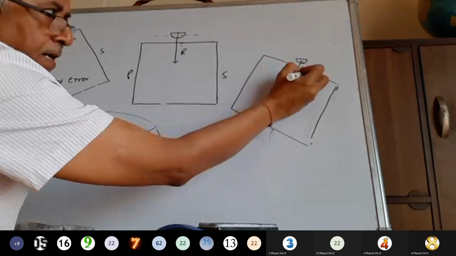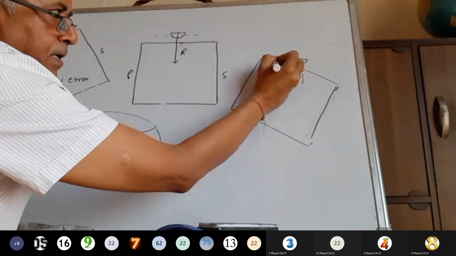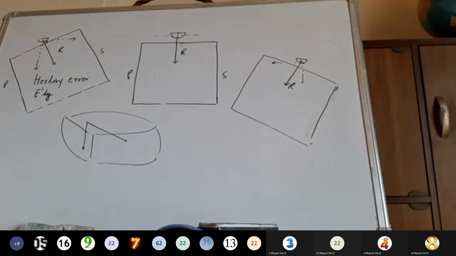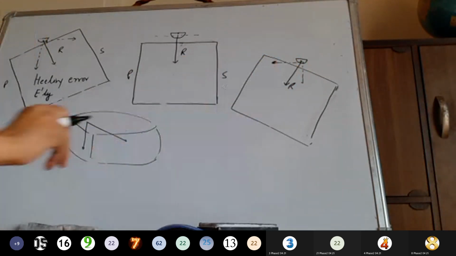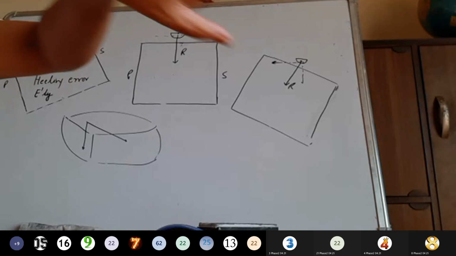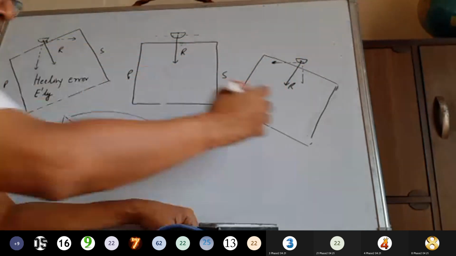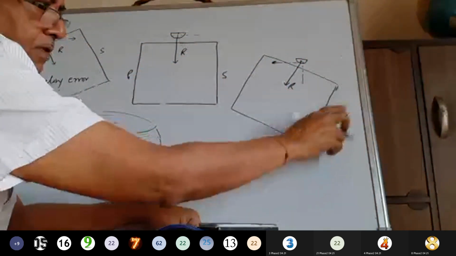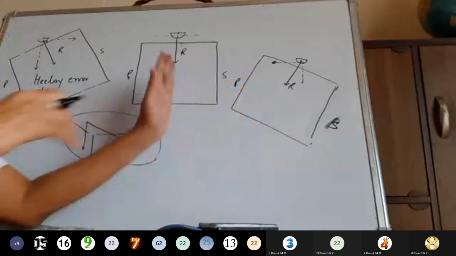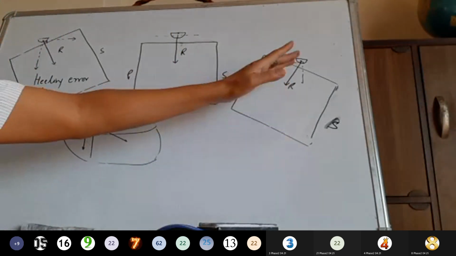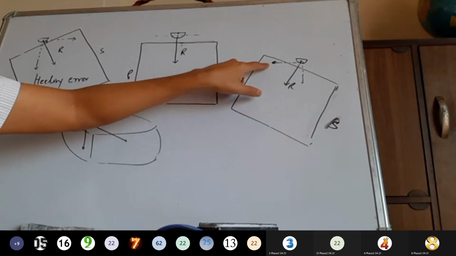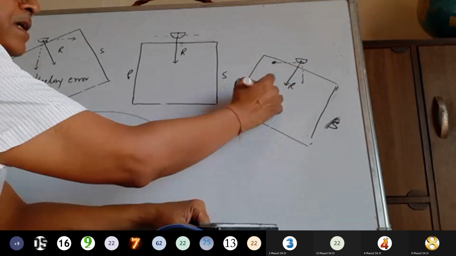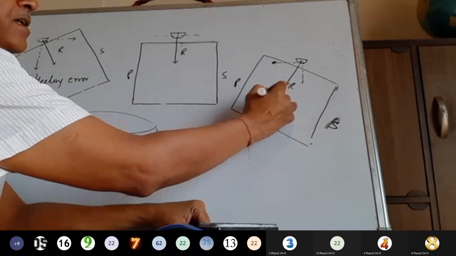If I take a vertical component and a horizontal component, you can see this horizontal component is acting towards west. The ship is going in the northern direction. This is starboard and this is port. So when the vessel is heeled over to the starboard side, the horizontal component of R is acting in the westerly direction. So again you will have the heeling error, but in this case the heeling error is westerly.